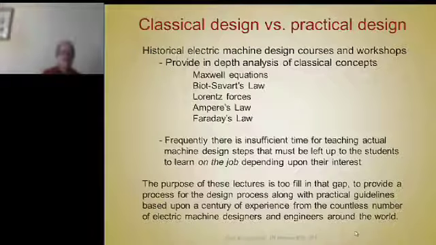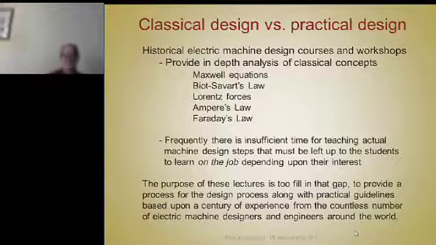Let's talk a minute about the classical design approach versus practical design. There are plenty of historical machine design workshops and courses that provide in-depth analysis of classical concepts, but in those classes there's usually insufficient time to teach the practical machine design steps, which are usually left up to the students to learn on the job after they get a job somewhere.